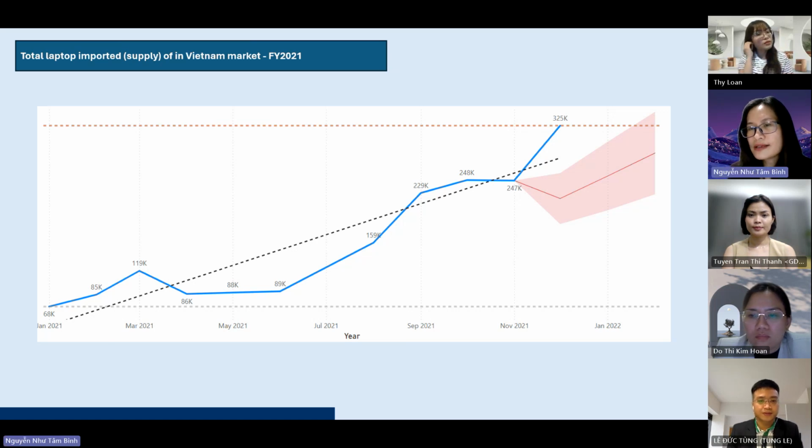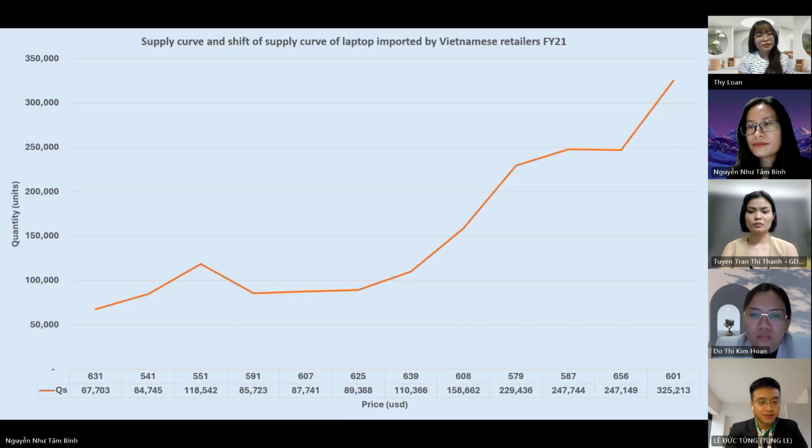It was obvious since May, and it increased much since July of 2021 due to the high demand of that time. Laptops imported during the year were around 1.8 million units, and in only 6 months from July to December, the imported number was approximately 1.3 million units. It means it contributed more than 70% of the whole year.